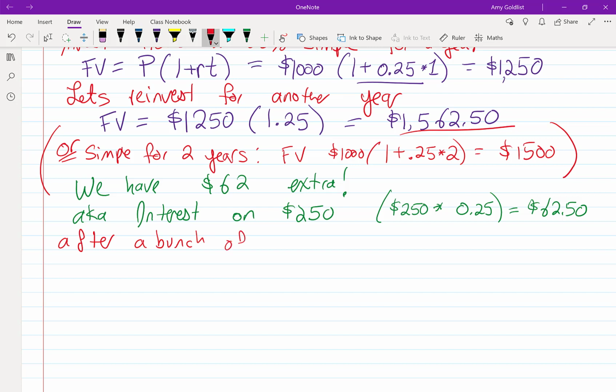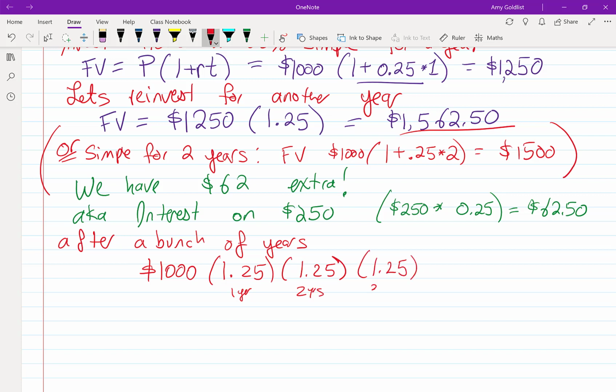So after many years, when I'm compounding this way, every year I'm taking it out and I'm reinvesting. After 1 year, I have 1,000 times 1.25, 2 years, 3 years. Well, let's multiply it by 1.25 again.